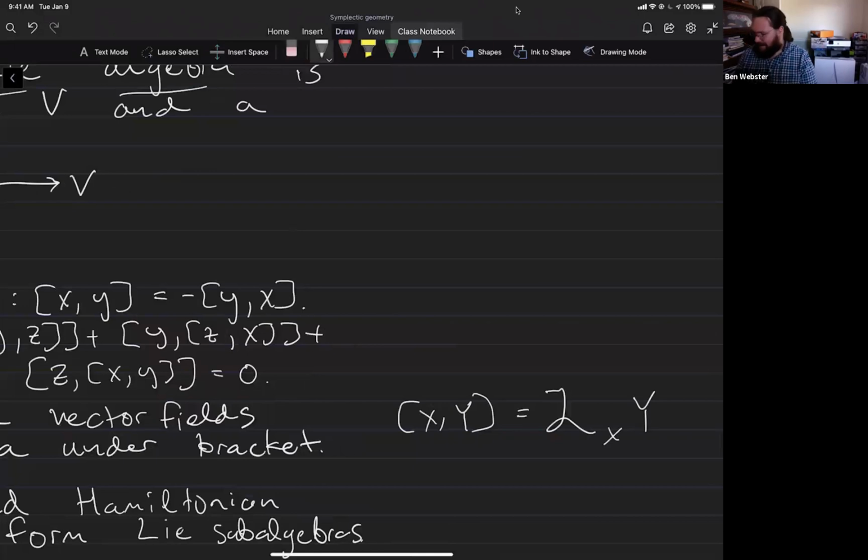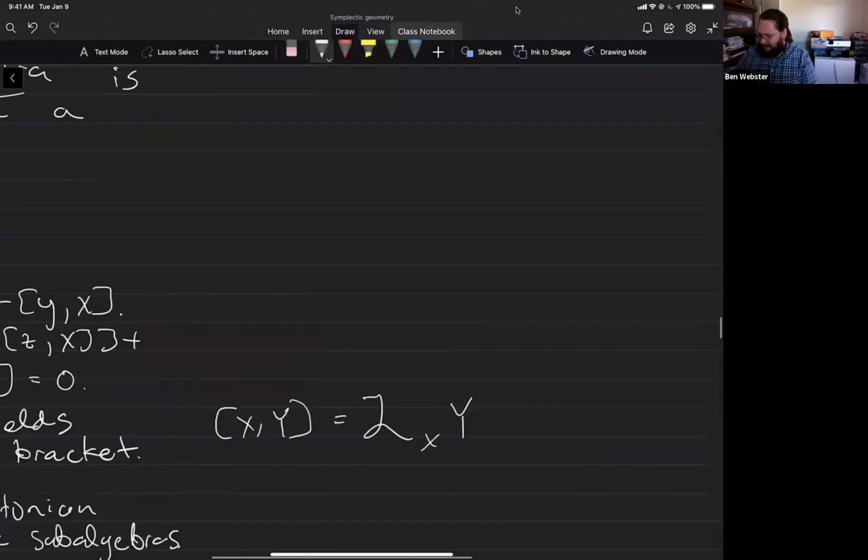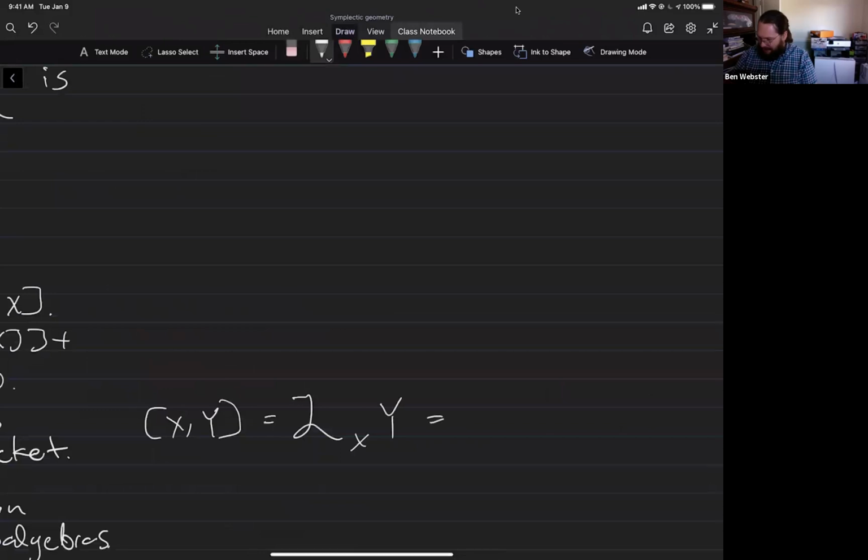And there is this very annoying thing where somewhere you have to break some symmetry, right? The Lie derivative with respect to X of Y is minus the Lie derivative with respect to Y of X. So in choosing which one of those you mean as the Lie bracket, there's some sign that shows up.